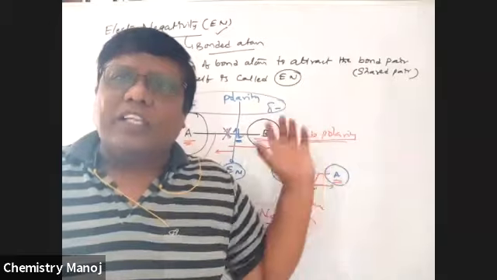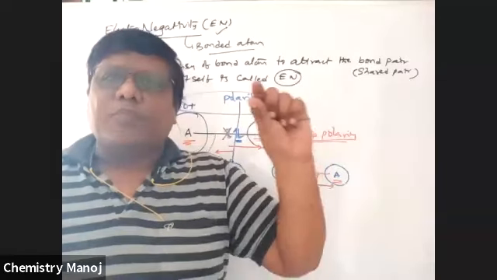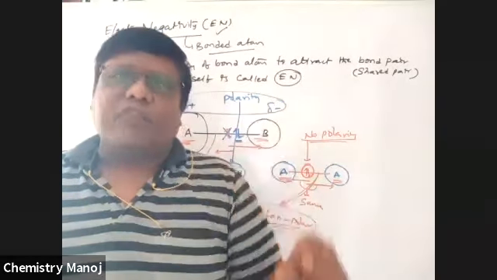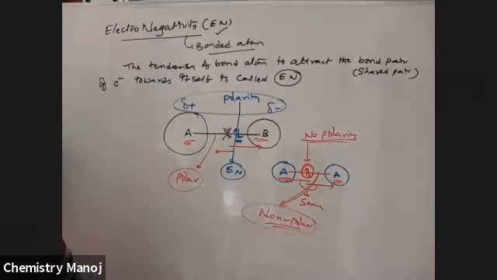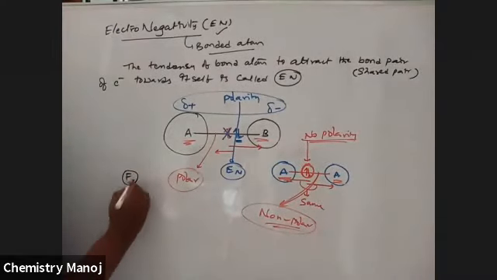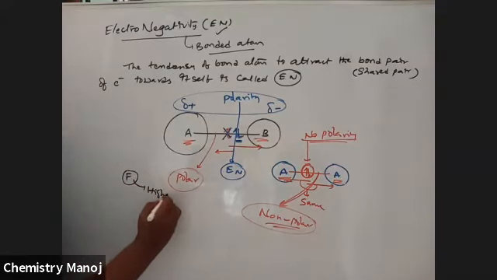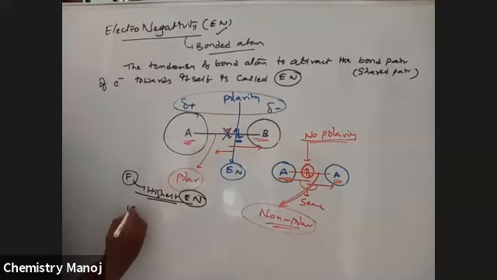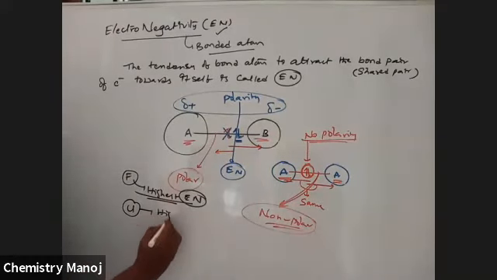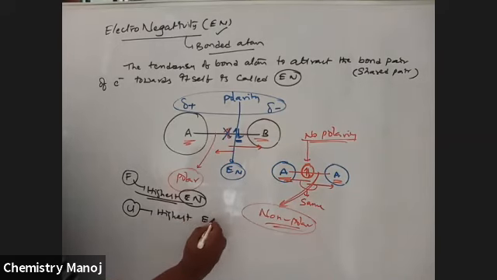Next, among all these elements, except the noble gases, the smallest sized atom is fluorine. The smallest sized atom is fluorine. Therefore, fluorine has highest electronegativity. But in the previous case, chlorine has highest electron affinity.